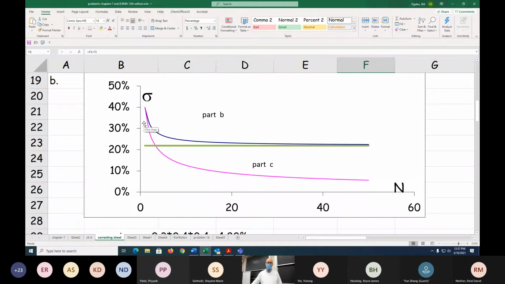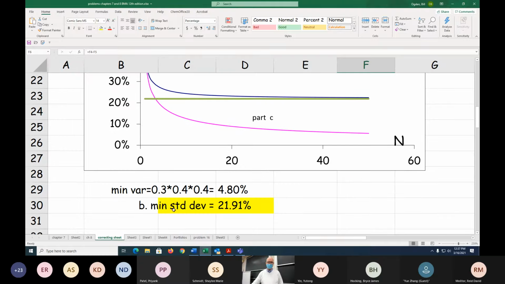For part C, the covariance being 0 because the correlation is 0, this number has to approach 0. It doesn't get there very fast, does it? At 50 stocks, you're still pretty far away from your asymptotic limit, aren't you?